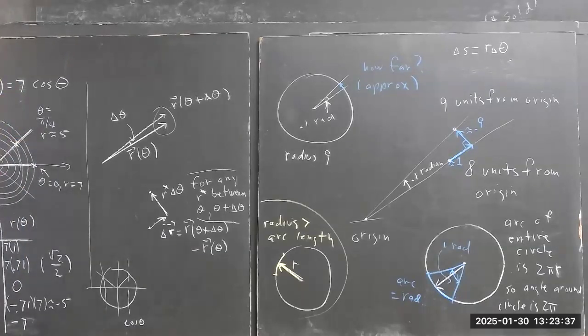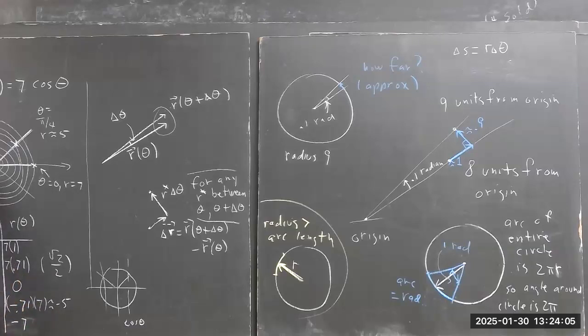When we get out to theta equals pi over 2, r is 0, which puts us right here at the origin, because that's where r equals 0, right? Then if we go to 3 pi over 4, that's here. r is -5.